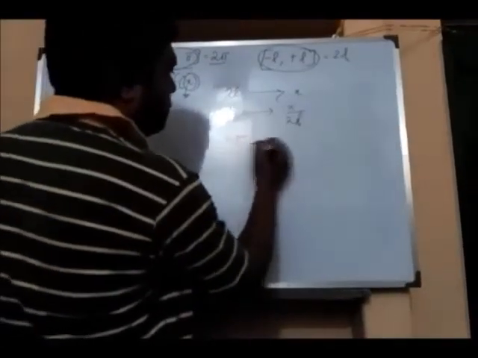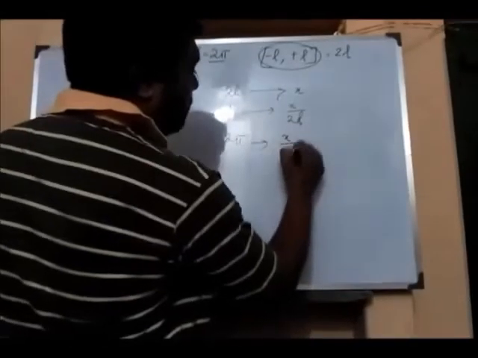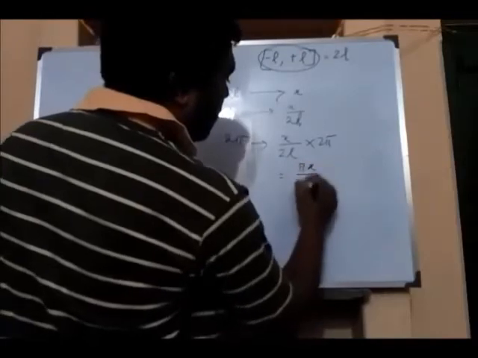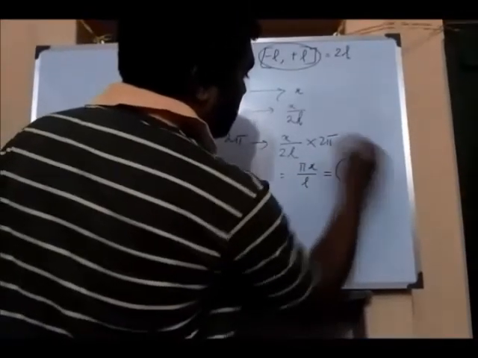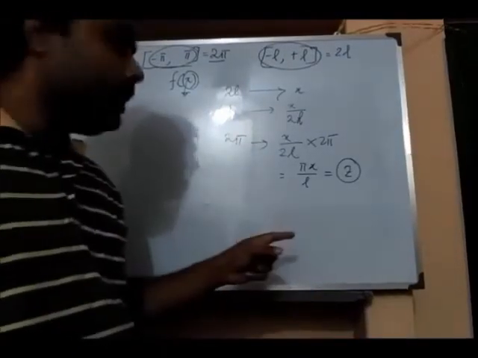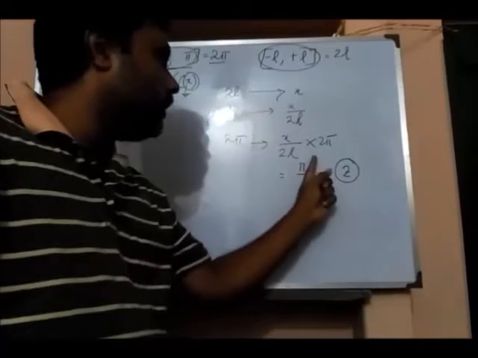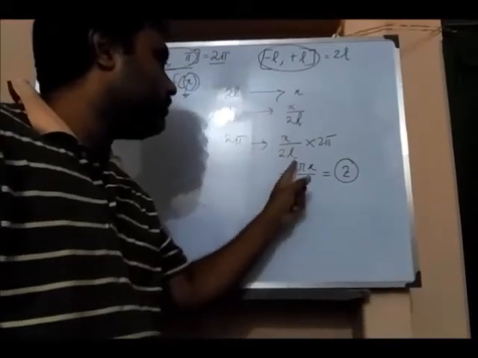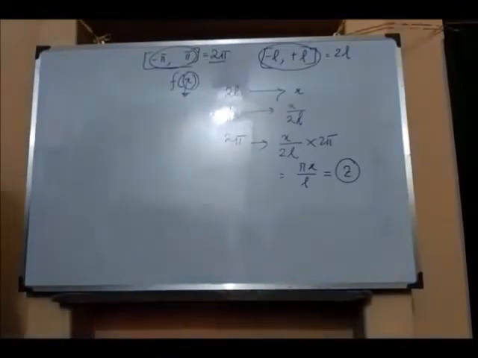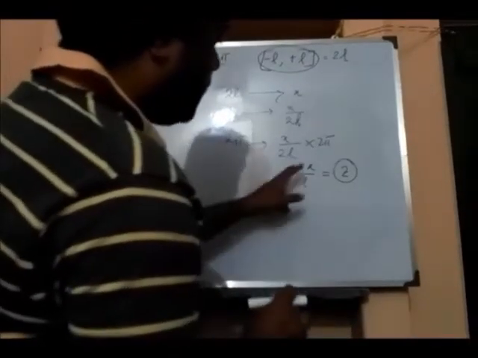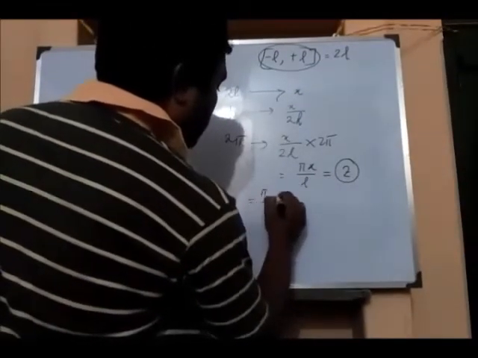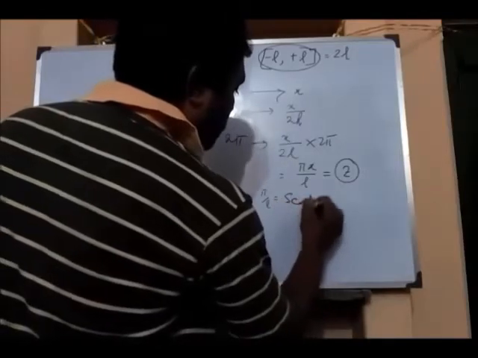So if this is twice pi period, this will be x by twice L into twice pi. So this will be pi x by L. Now assume this as a new variable z, where you just scale this independent variable x with a constant pi divided by L. So this pi by L is the scale factor.